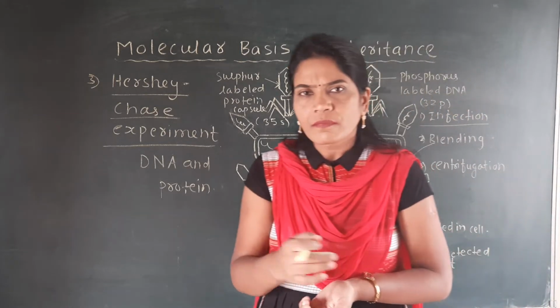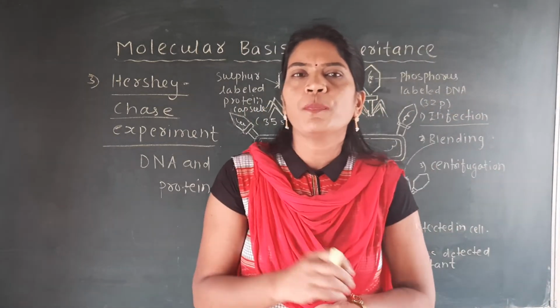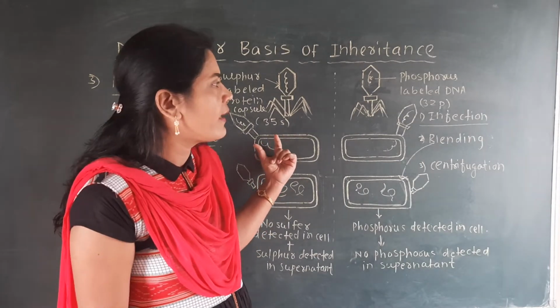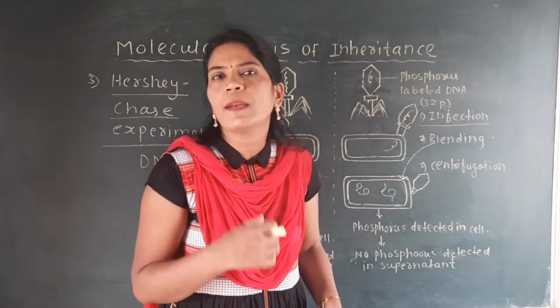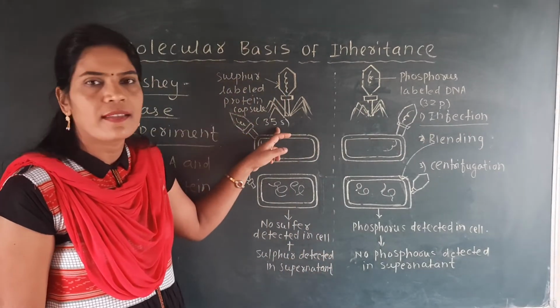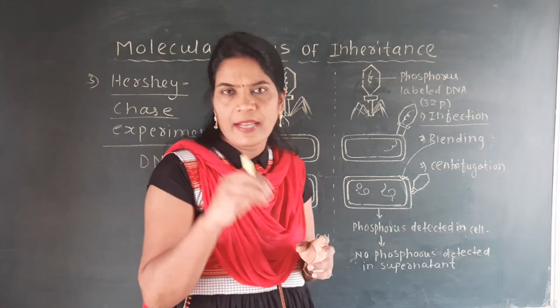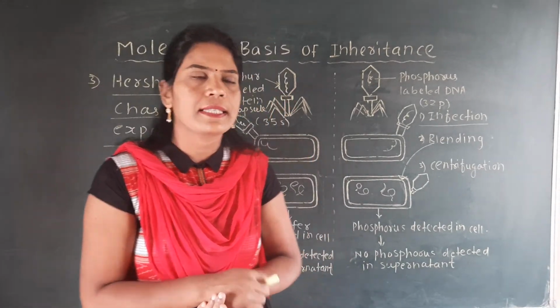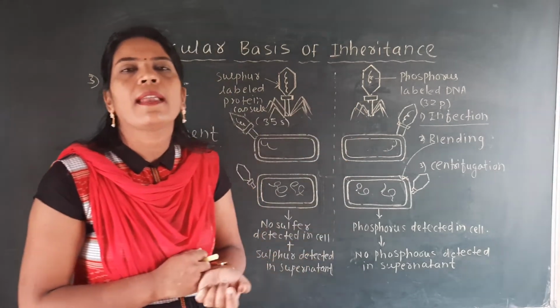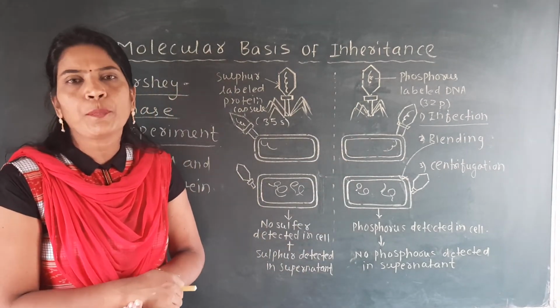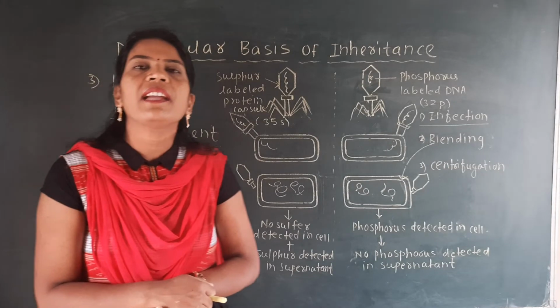Also there are questions asked about which phosphorus medium is used, that is 32P, and which sulfur medium is used, 35S, and which experimental material is taken by Hershey and Chase, this bacteriophage. And now the next point is the packaging of DNA.